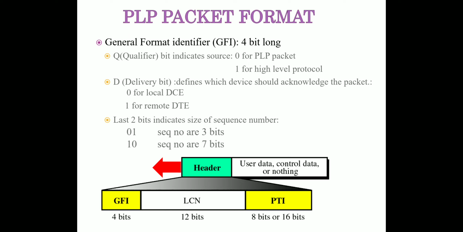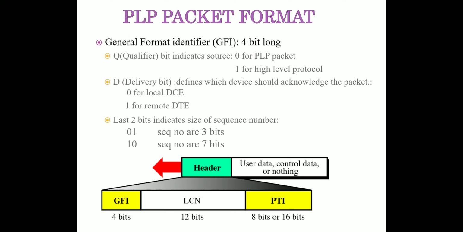Then the last 2 bits of the GFI indicate the size of the sequence numbers. We know the packets sent and the packets received have different sequence numbers. Whatever message is divided into packets, we give each packet a sequence number so that the receiver can segregate all these packets and the message is constructed out of them. So it is very essential to have sequence numbers.